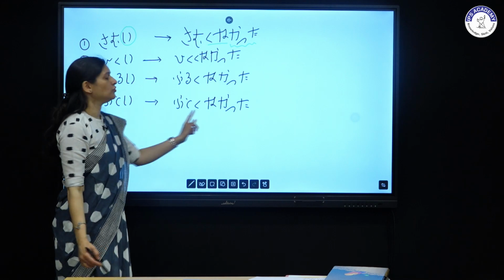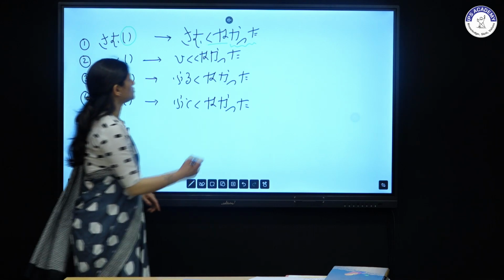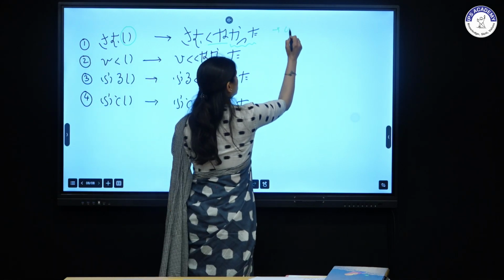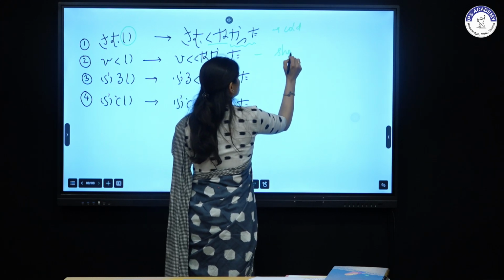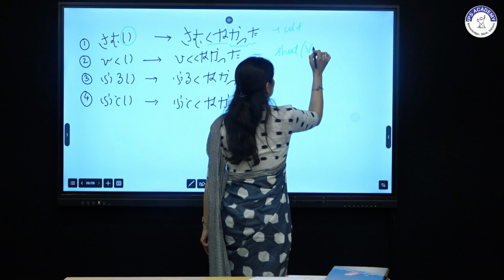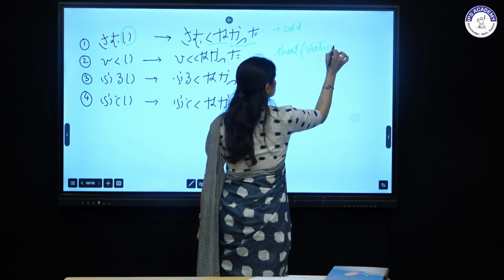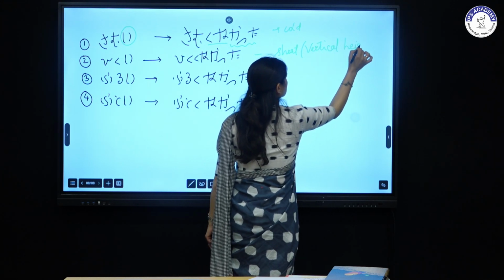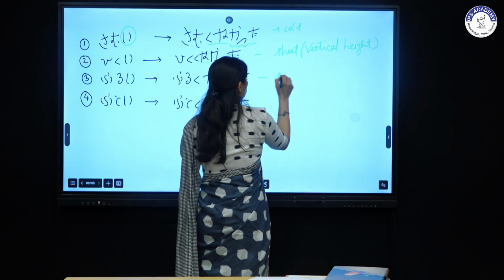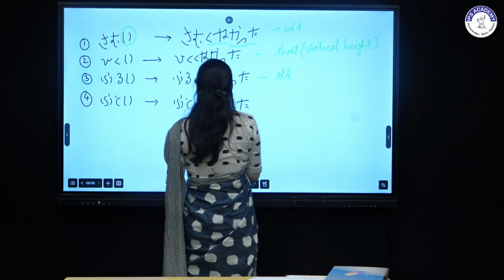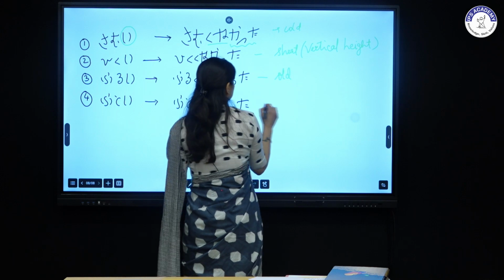Futoi, futokunakatta. So samui means cold, hikui means short when we talk of the vertical height. Furui means old, and futoi means fat.